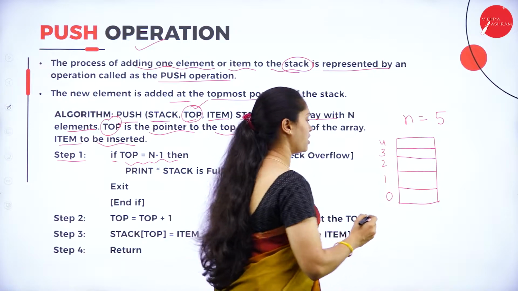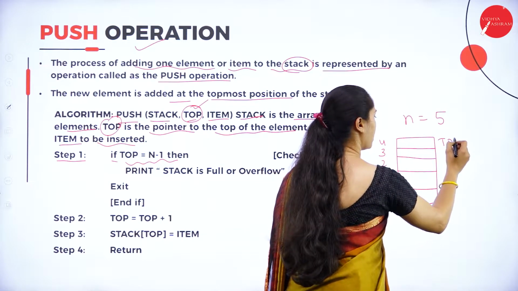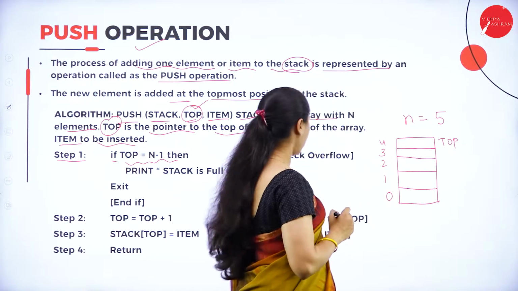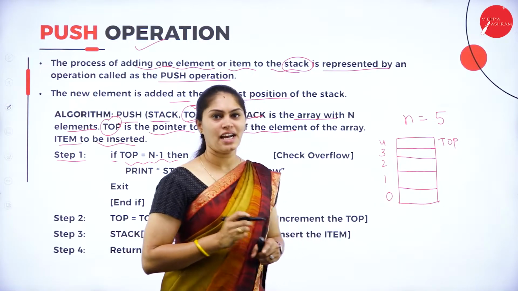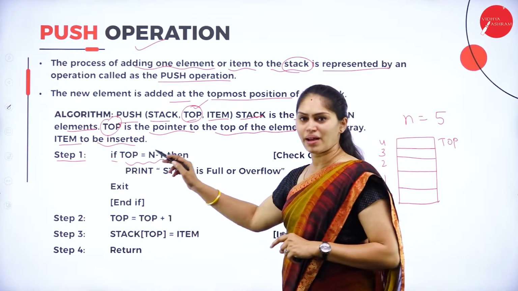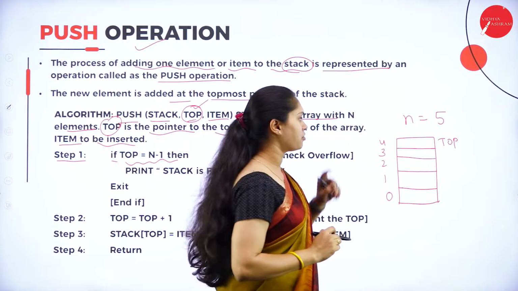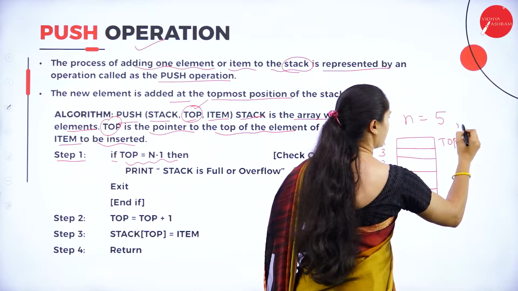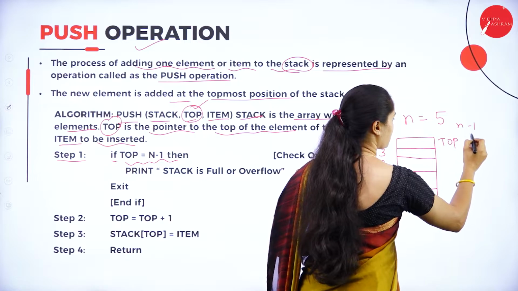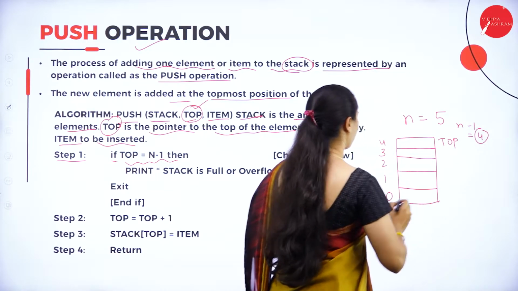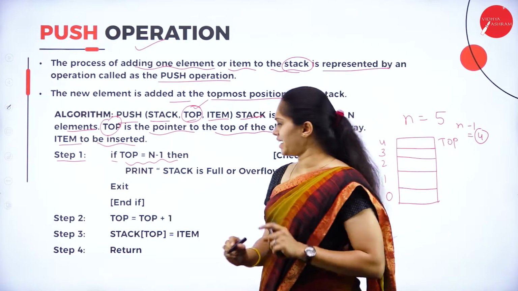What is the condition here? We got to know that this is the top of a stack. Fine. Next, here you can see that if top is equal to n minus 1, what is the value of n here? 5. n minus 1 means 5 minus 1, totally it will be 4. Then what is the if condition we have?